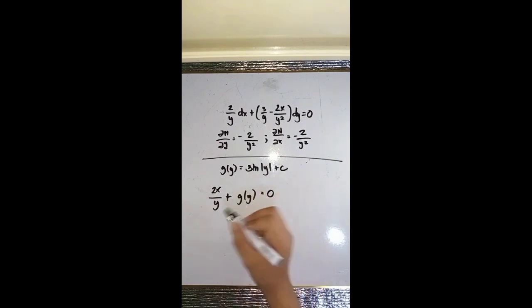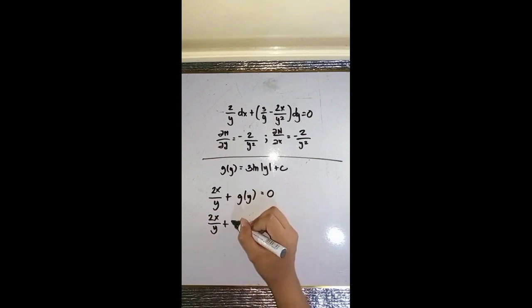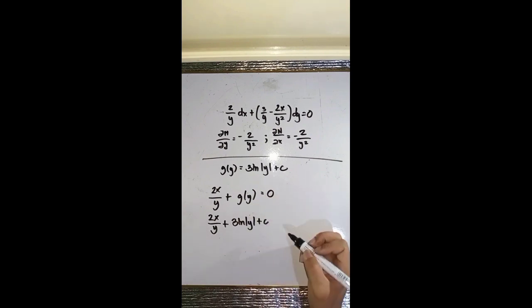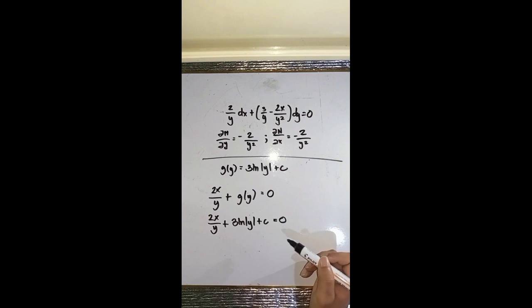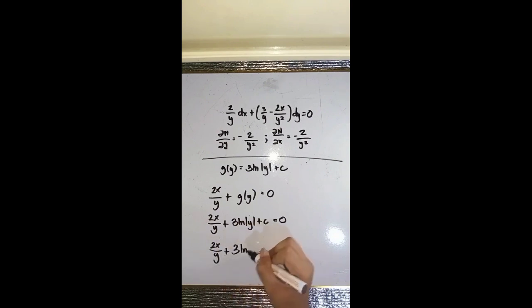We substitute the value of the generic function, so 2x over y plus 3 ln y plus c equals 0. And we can simplify this further to 2x over y plus 3 ln y equals c. Now this is our final answer.